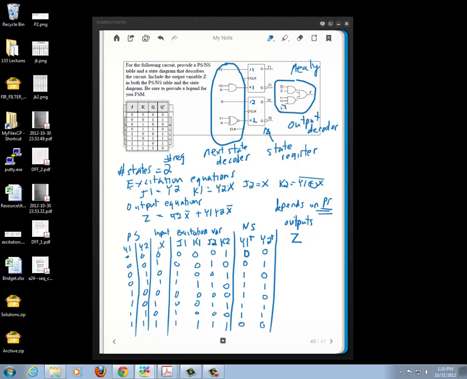So for the first row, x is a 0, so x naught is a 1. Y2 is a 0, so y2 naught is a 1. So we have 1 and a 1 will give us a 1, and anything ORed with a 1 is a 1, so the output is 1. And you just have to go through this table one row at a time. So now we have x is a 1, which means x naught is a 0.